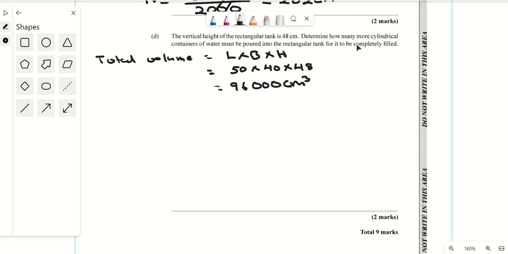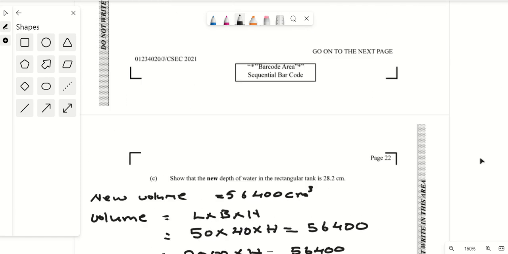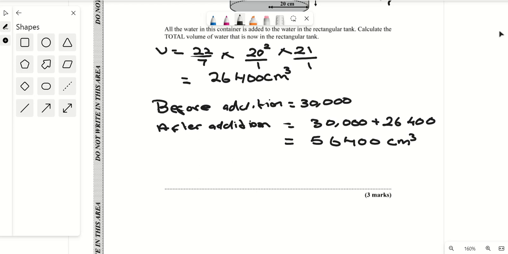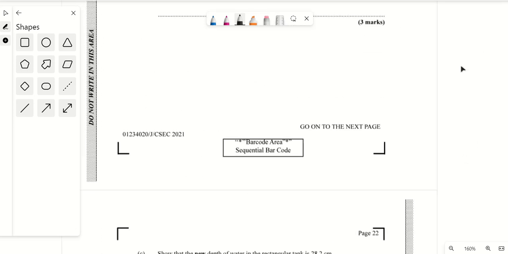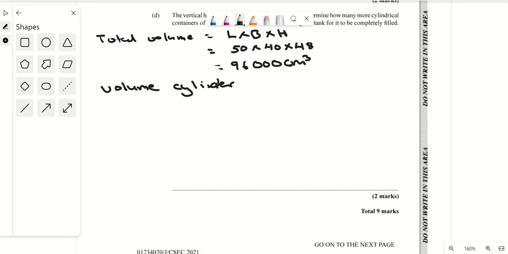They said, determine how many cylindrical containers of water must be poured into the rectangular tank for it to be completely filled. We know the volume of the cylinder is something that we found above: 26,400 centimeters cubed.